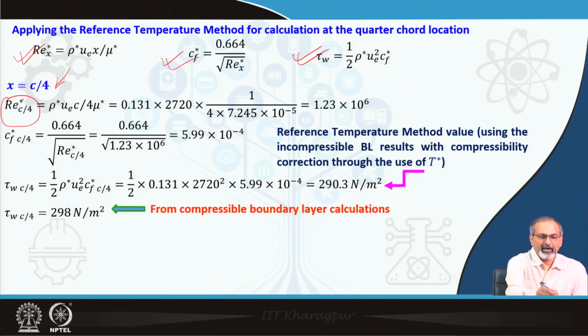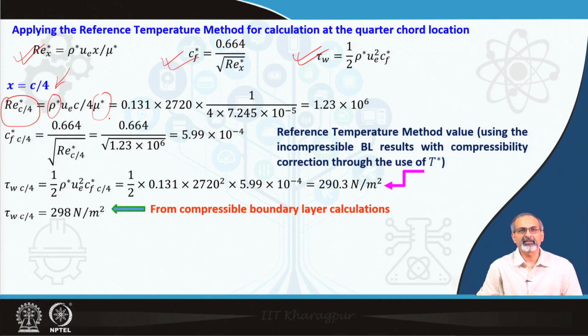So, the Re value at quarter chord has the star associated with it, because you are plugging in the rho and mu values which are based on the reference temperature.